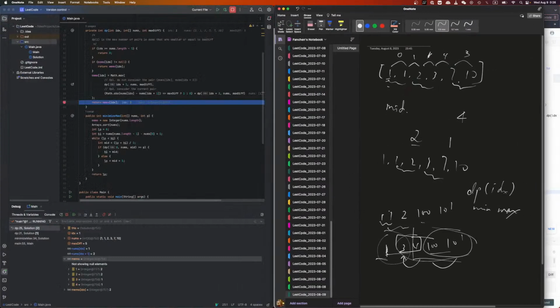The maximum I shall get 1 pair, oh no, hold on. 1 pair, 2 pairs, 3 pairs, 4 pairs. I should get 4 pairs. Oh, you only got 3. Index 0, you only got 3 pairs. That's bonkers. Right? Nums is this, index is 0, max diff is this.